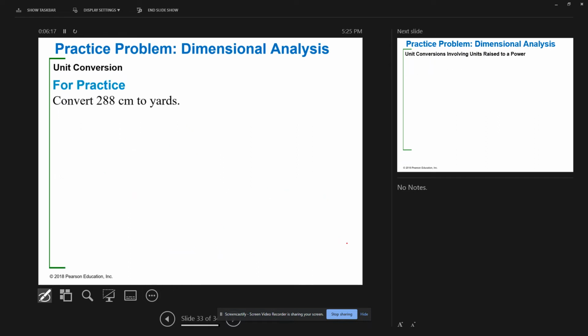Let's do one more. We're going to use the same conversion. So again, I have 1 meter equals 1.0936 yards. Sorry about the handwriting. And then we know that 100 centimeters equals 1 meter.